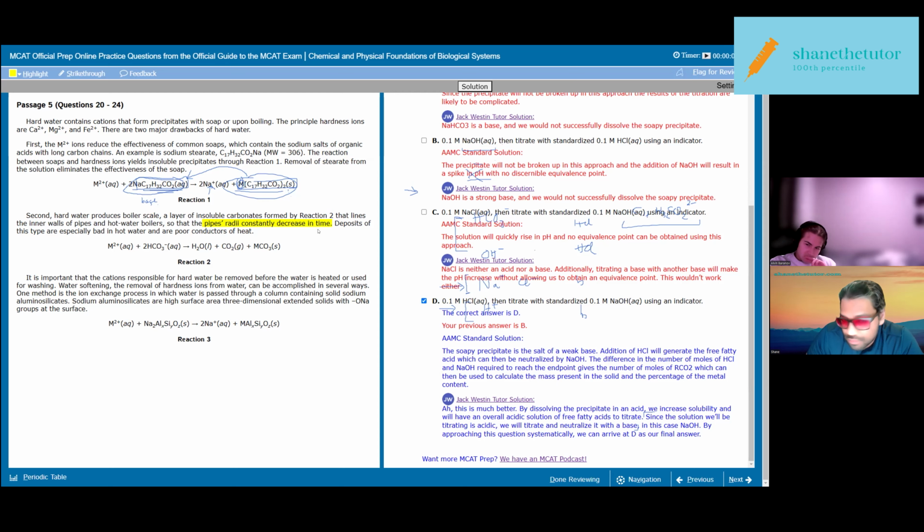I really just saw the first two choices were bases. The next one, spectator. One after that's acid. And from there, I know that if you do a titration with a base, you would need the analyte to be an acid. So that ruled out C. And yeah, I think that's it.